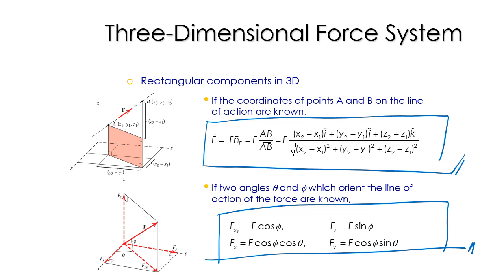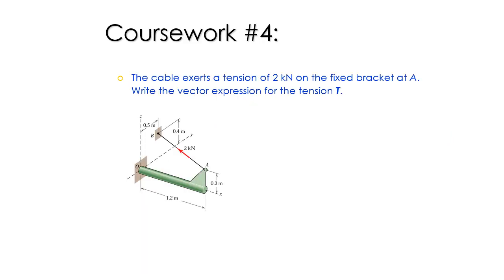So for coursework number 4, the cable exerts a tension of 2 kilonewton on a fixed bracket A. Write the vector expression for the tension T, which runs along line AB.